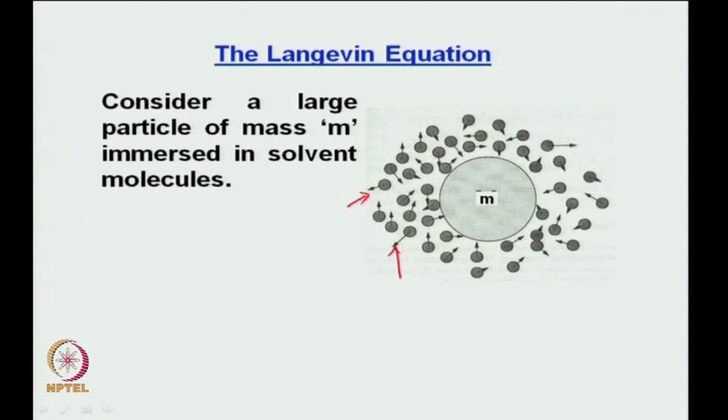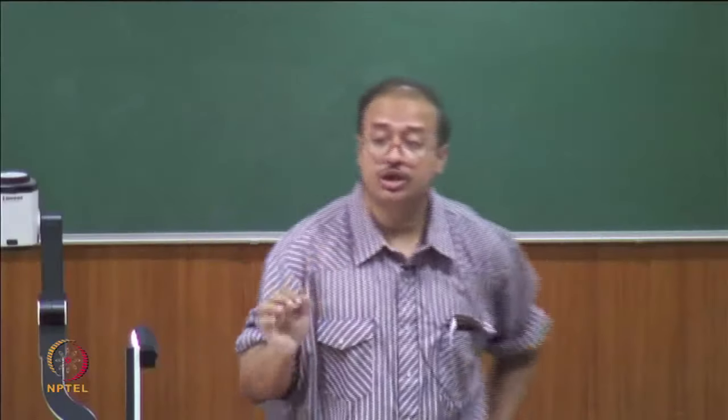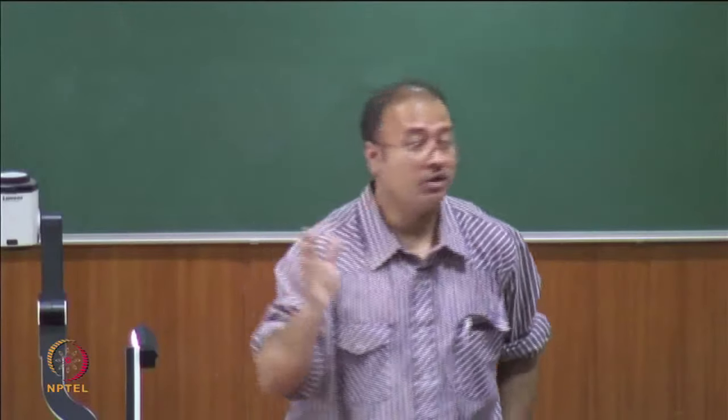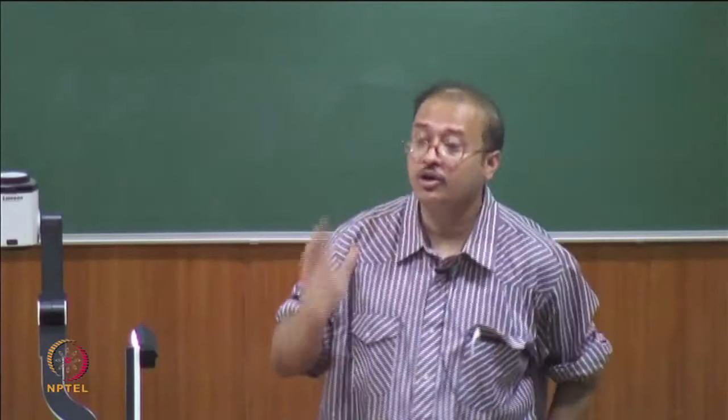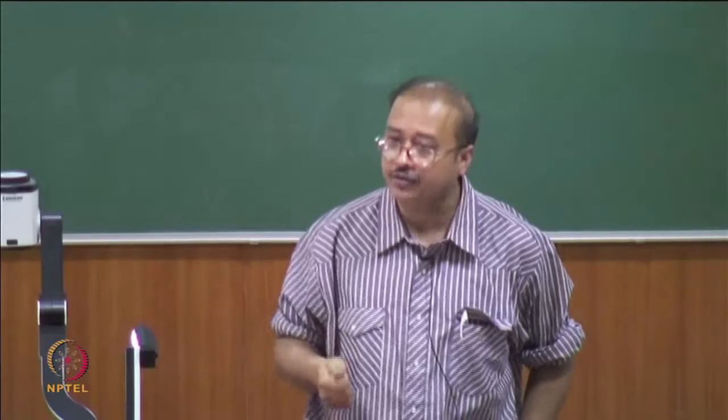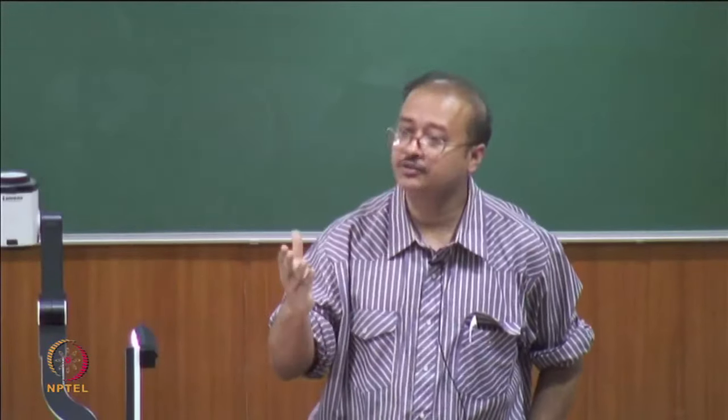The solvent molecules do not have any specific gradients, so they just collide randomly. And because we are talking about random collision, what motion are we talking about? We are talking about Brownian motion. This is what Brownian motion results from, random collision. So you can understand there would be a randomly colliding force.